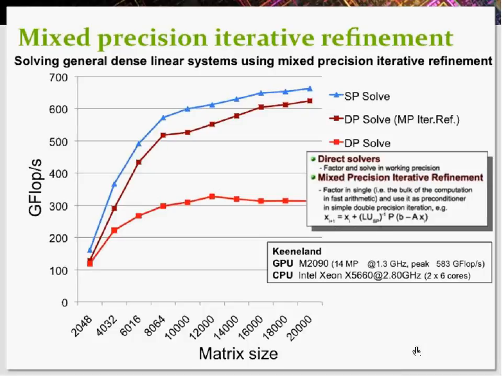So the LU factorization in single precision runs at the 600 gigaflops level. We do just a few iterations to reach exactly double precision accuracy. That's what the other curve in red is.